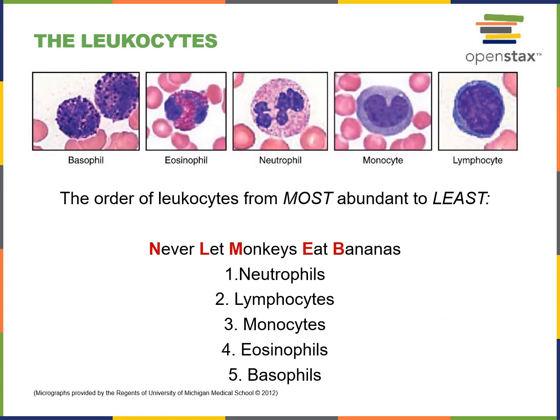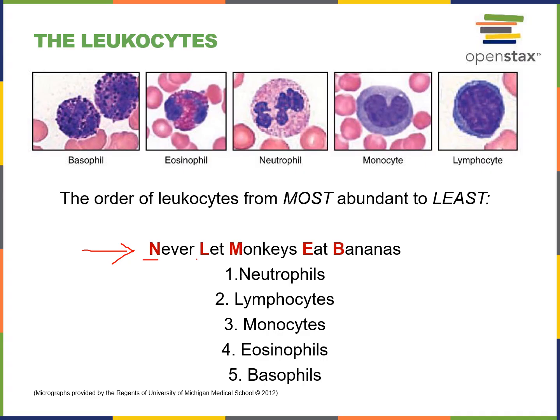Now for the white blood cells, the leukocytes. You can always remember, of all these leukocytes in a sample of blood, again, we're talking about a normal, healthy individual, which of these would be most abundant and which one would be least abundant. And so there is this little statement that you can memorize.